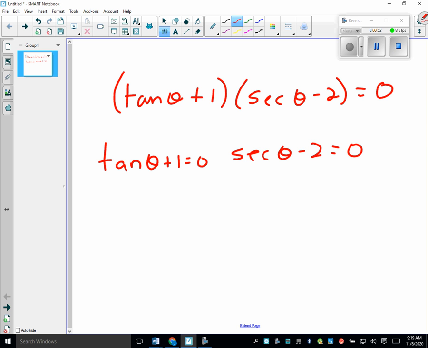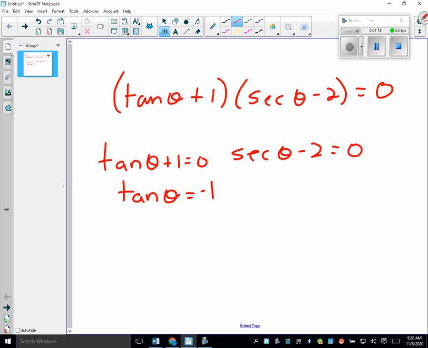Now, I will tell you, for everything today, all my answers have to be between 0 and 2 pi. All right? Everything we do today, all answers between 0 and 2 pi. So, can I solve this one? Is this tan theta equals negative 1?